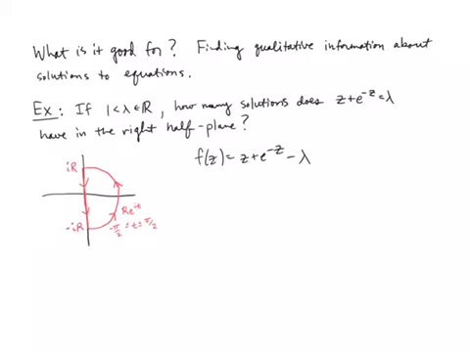And so what we can do is look on the interval of i times negative r to r on the imaginary axis. And so on that curve, we just have i times y. And so we have iy plus e to the minus iy minus lambda.